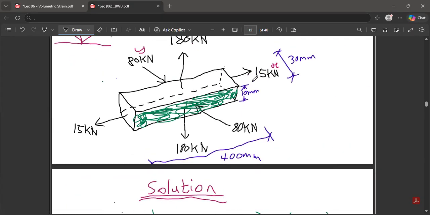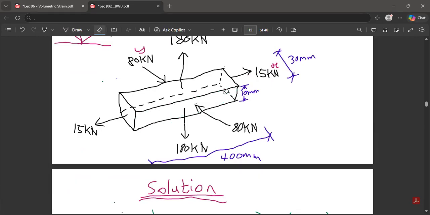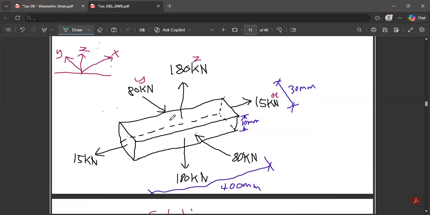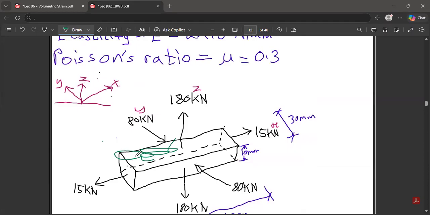You see, it is this face. Now we are done with here, and our next place of focus is the area at Z. This is the Z face, this is the face we are going to focus on.